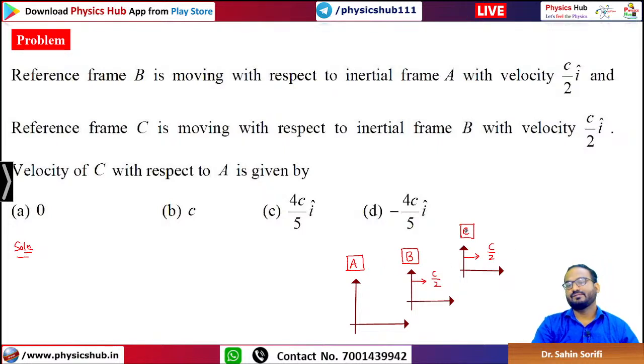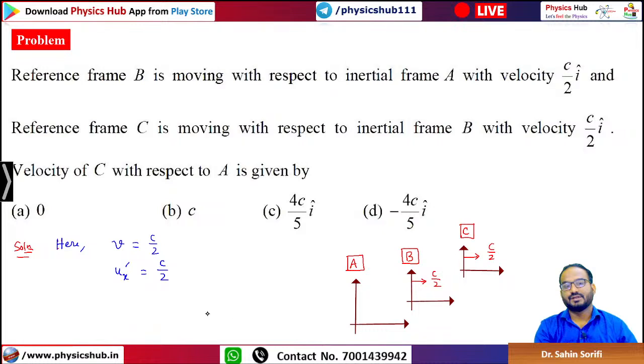So this frame C is like the B. Okay. So here, if you draw the analogy to what we have discussed in the previous section, what is v? v is the speed of B with respect to A, that is c by 2, right? ux prime is the velocity of C with respect to B, so ux prime is c by 2.